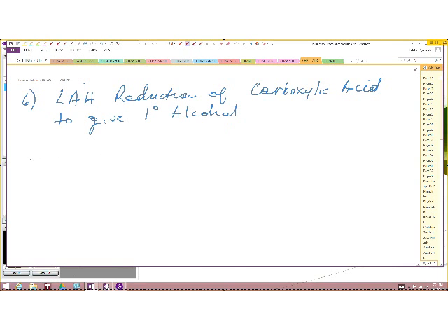In other words, this only happens with lithium aluminum hydride. Sodium borohydride does not do that, so that is why I made it specific for lithium aluminum hydride. If you take a carboxylic acid and you take lithium aluminum hydride followed by dilute acid, what you get here is that this carbon will be turned into a primary alcohol.